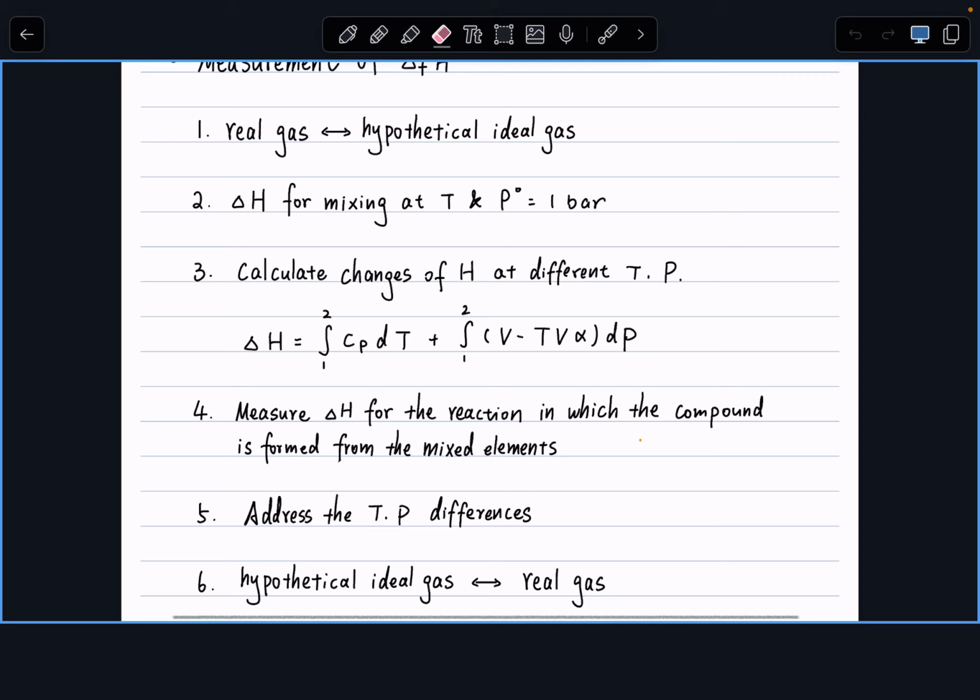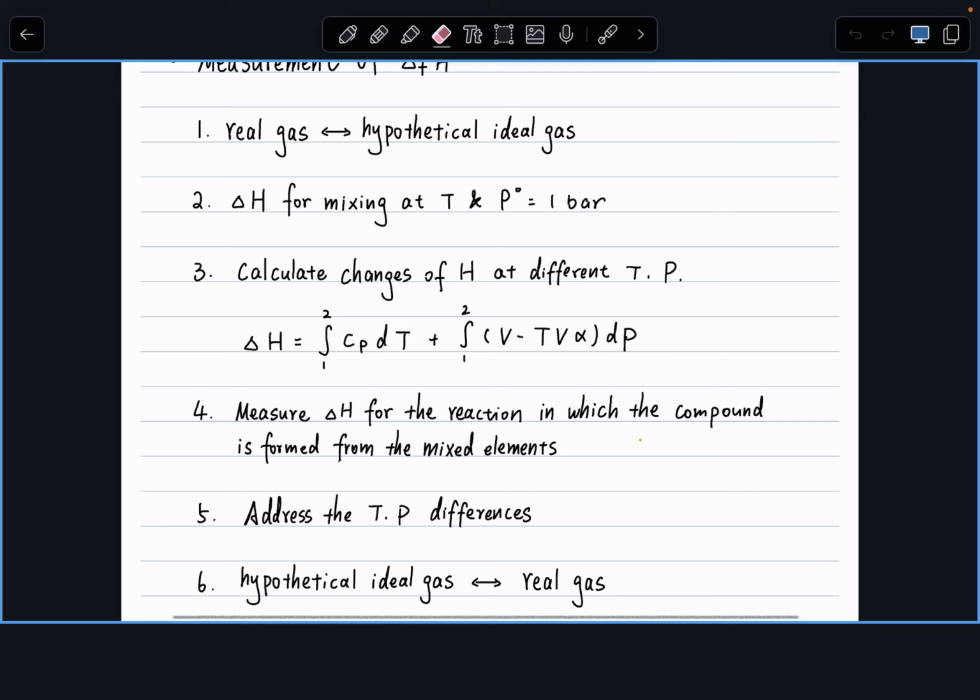So our third one is called calculate changes of enthalpy with respect to temperature and pressure. So do we know how to do that calculation? Right, so remember, in thermodynamic relations, we have several relationships.